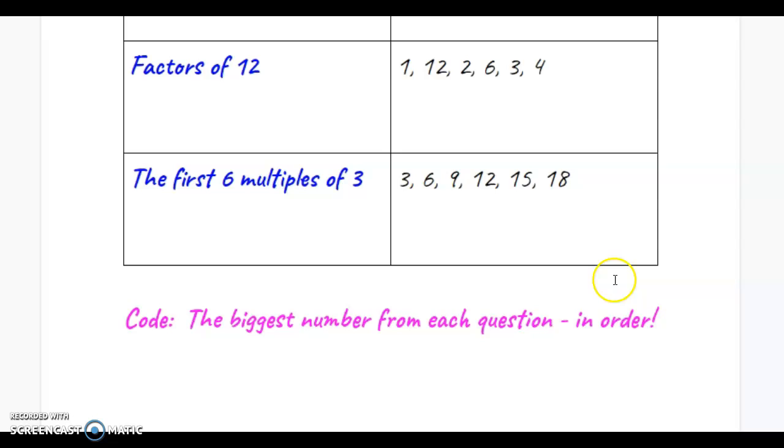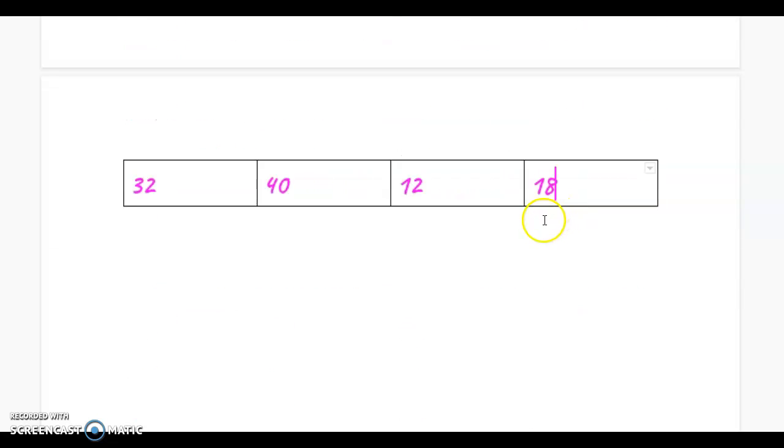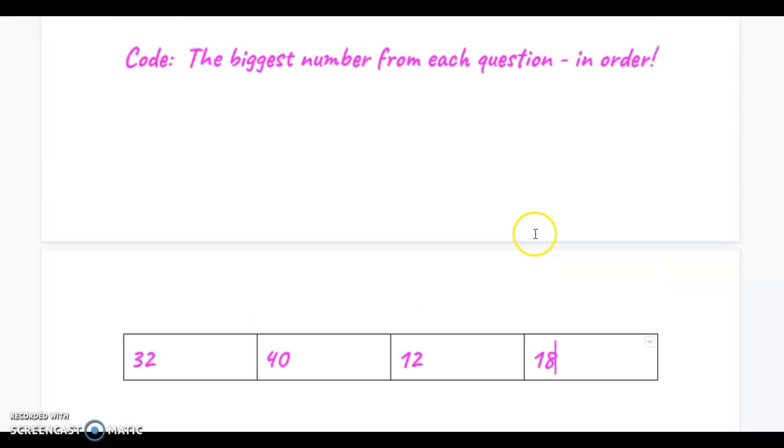Okay, I've got 3 parts of my code already. And then in the last part, it's going to be what is the largest answer out of this, and I've got 18. So my code is going to be 32401218. That will be the answer to the code for that question, okay?